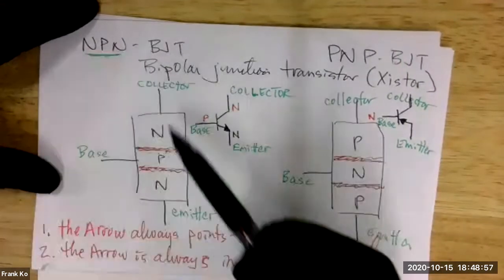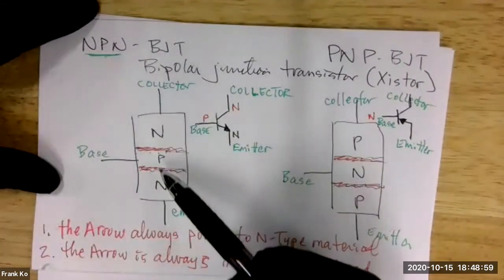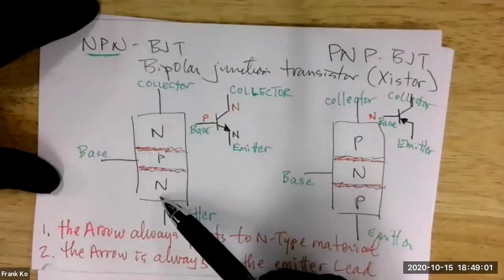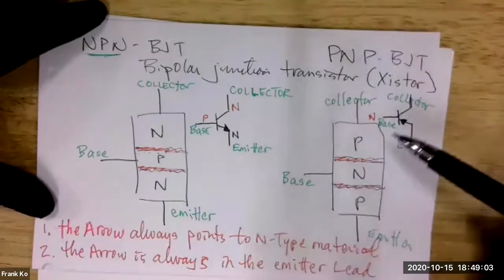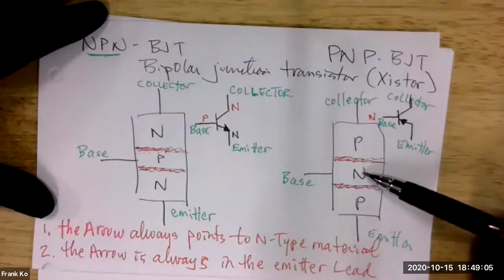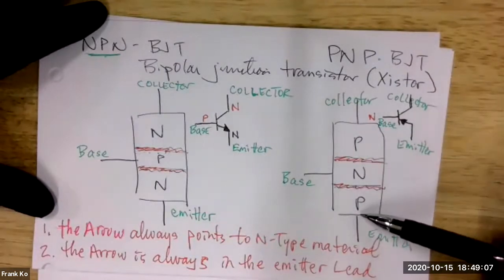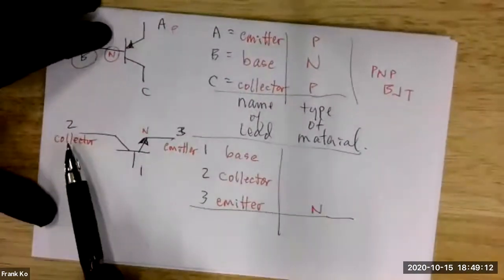So in an NPN, it must be N, P for base, N for the other outside lead. In the PNP BJT, it must be P on the outside lead, N in the middle, P on the other outside lead. So in this particular illustration, number 2, isn't that an outside lead?